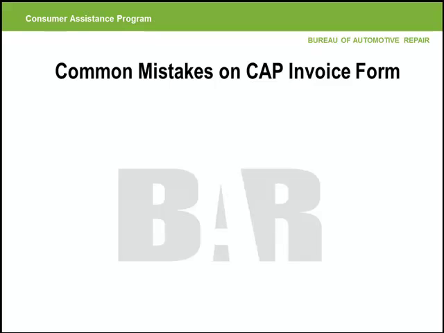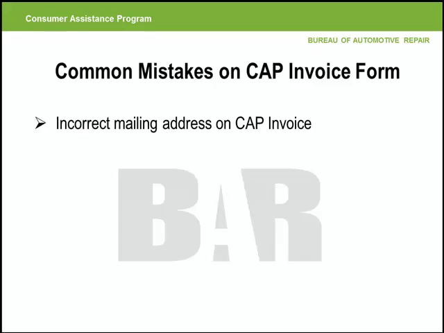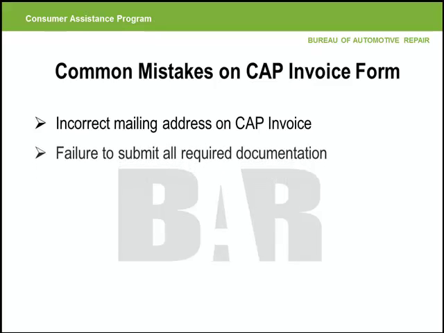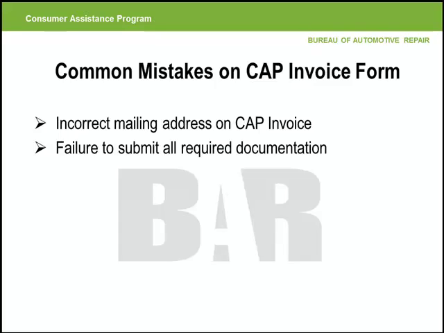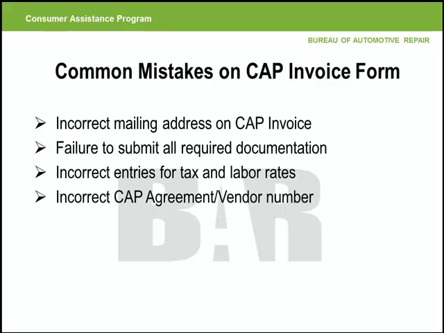And before mailing that invoice, double check and make sure your mailing address is correct on the CAP invoice. Be sure to include all the required documentation. Double check your tax and labor rates and your CAP agreement and vendor number. And be sure to sign it in blue ink.